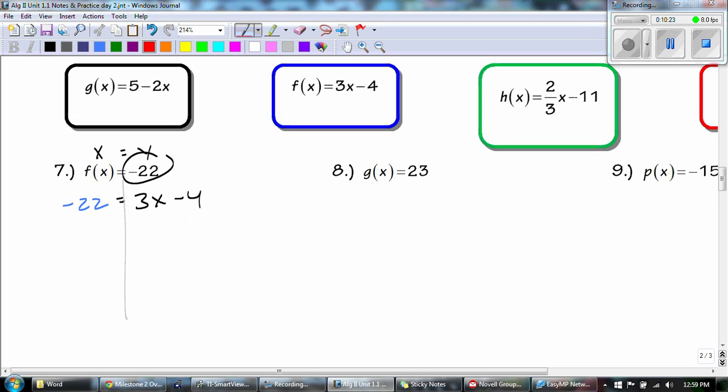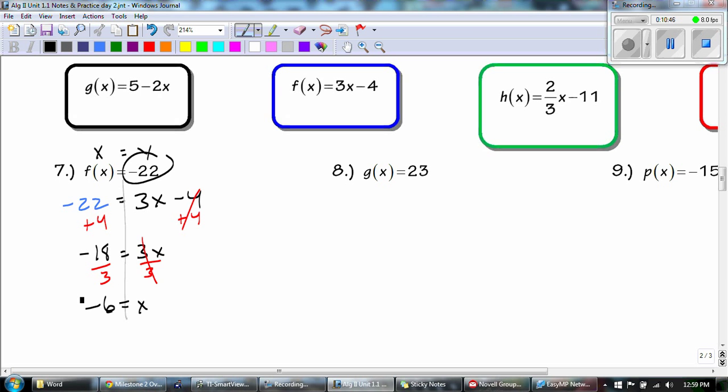So that means I would have to add 4 to both sides. Negative 22 plus 4 is negative 18. And to get the x by itself, I would divide both sides by 3, and then we would get negative 6 equals x.